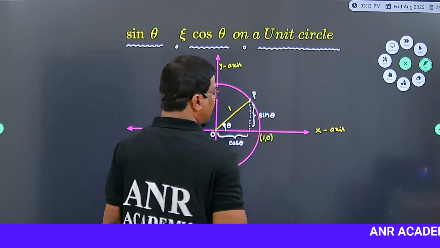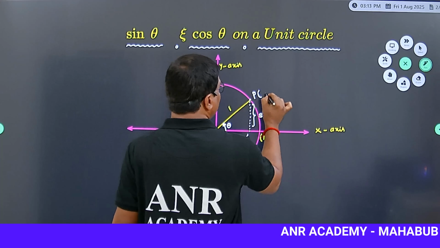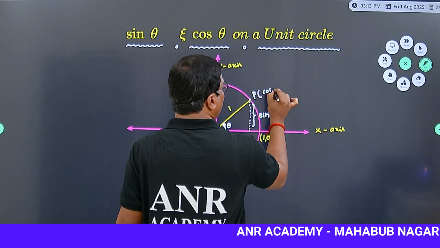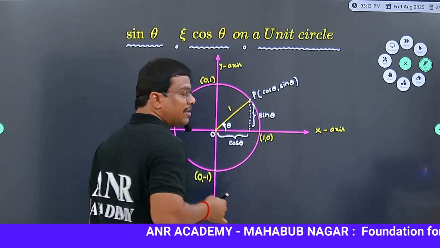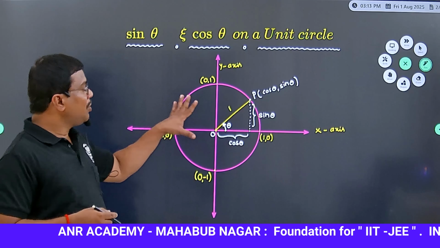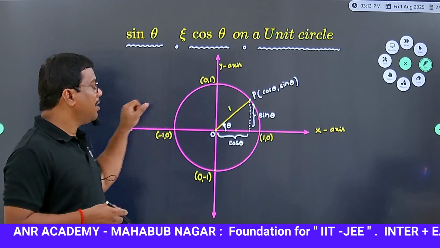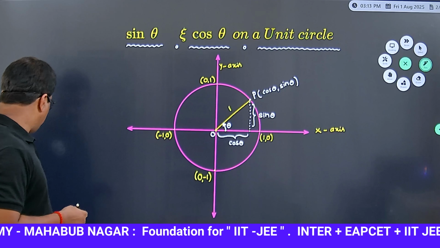You know this. Coordinates of P, cos theta comma sin theta, we can write due to the unit circle. Using this concept, let us prove the sine of theta plus alpha result.